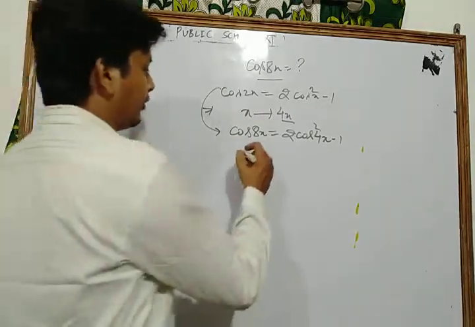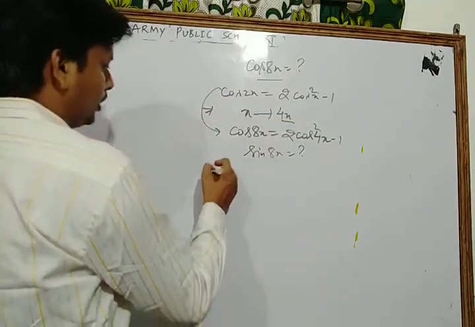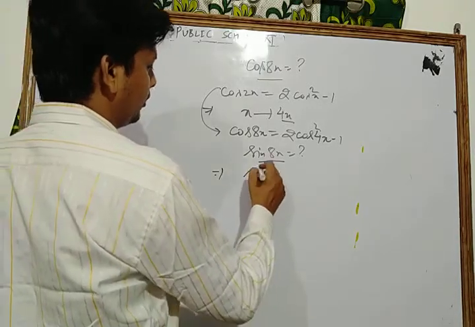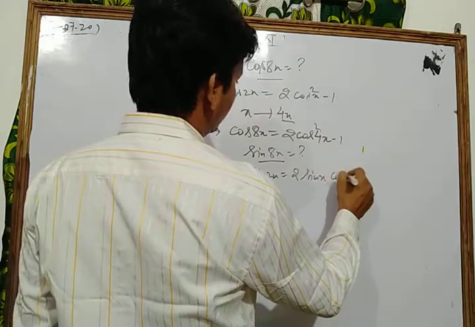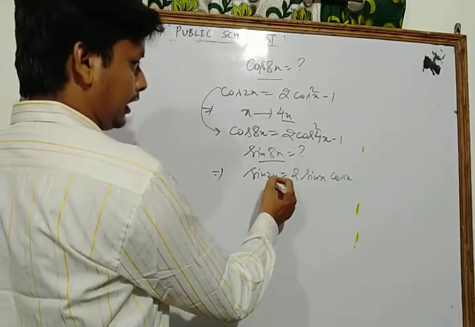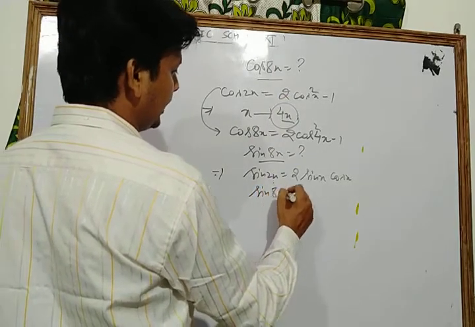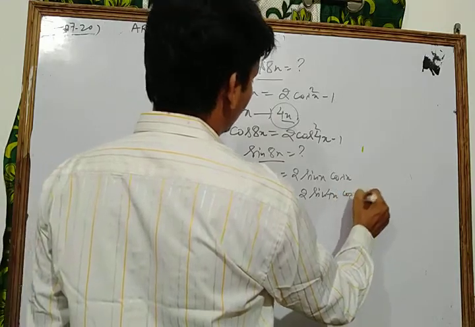Suppose we find the formula for sin 8x. You know that the formula for sin 2x is 2 sin x into cos x. Here we also replace x by 4x. So we get sin 8x as 2 sin 4x into cos 4x.